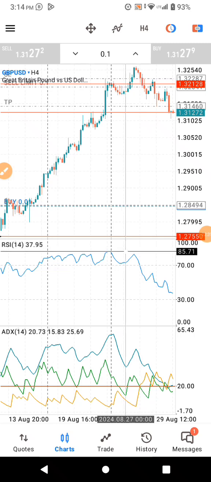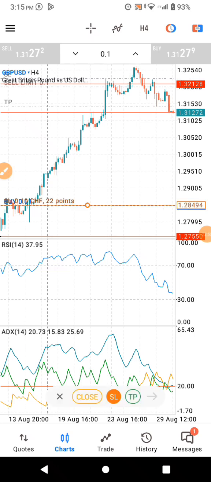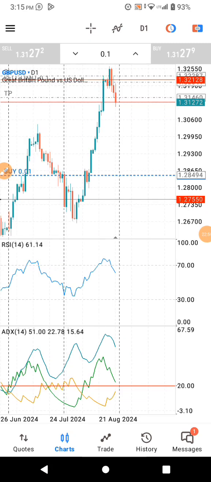Let's look at another pullback. This small pullback here. It's below where it entered. I rode that move up.